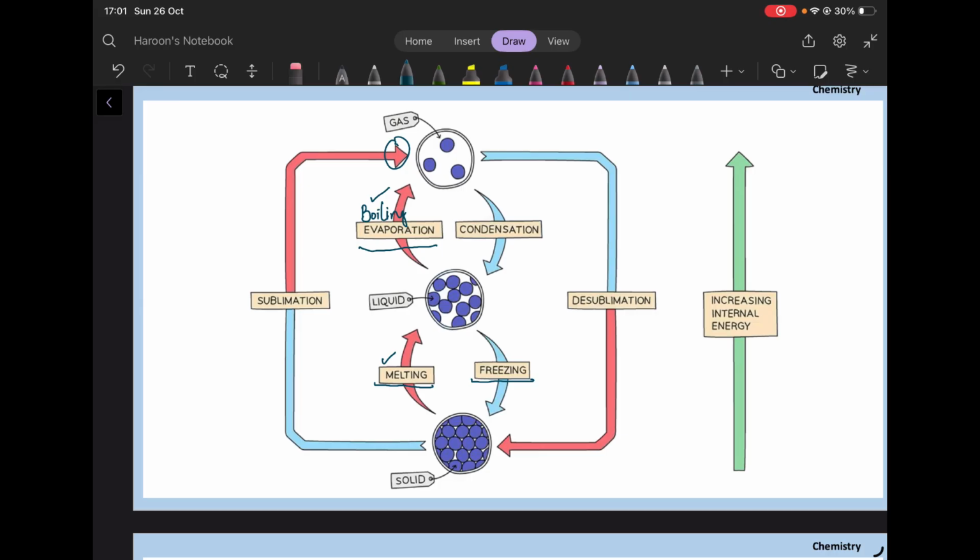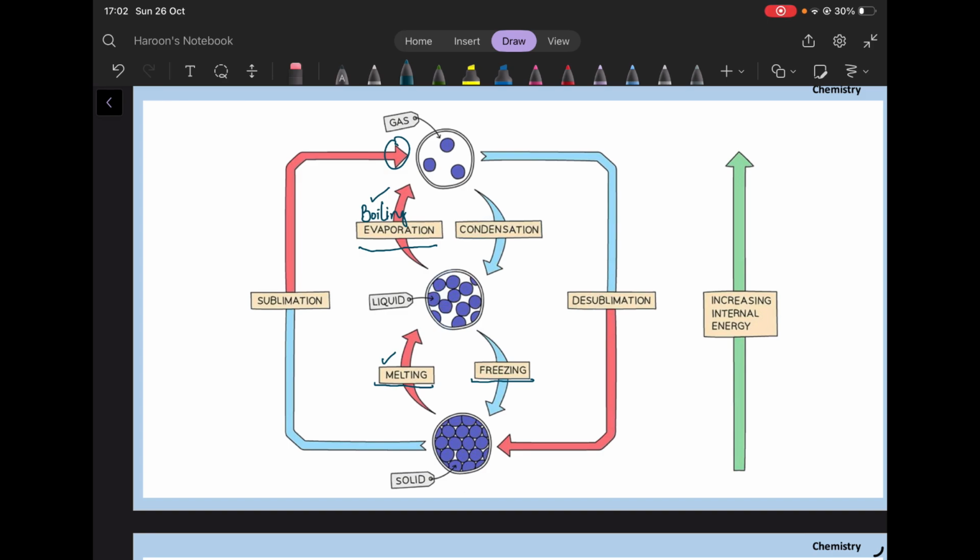In solid, for example, we have very little movement, close to no movement. The particles can only vibrate about their fixed positions. But as far as liquid is concerned, the particles can actually slide over one another. Now, from liquid to a gas, it would be sliding over one another to moving at very high speeds in all directions. So you can see both these are concerned with increase in kinetic energy.